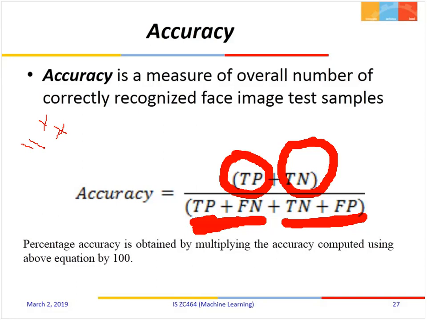So actually I was trying to give you the scenario where imposters are also likely to be recognized as one of the valid classes. What is that scenario?